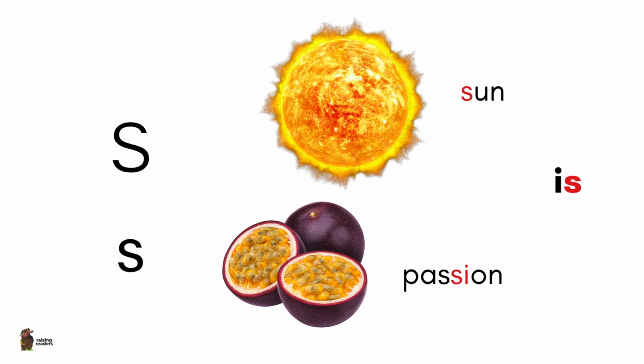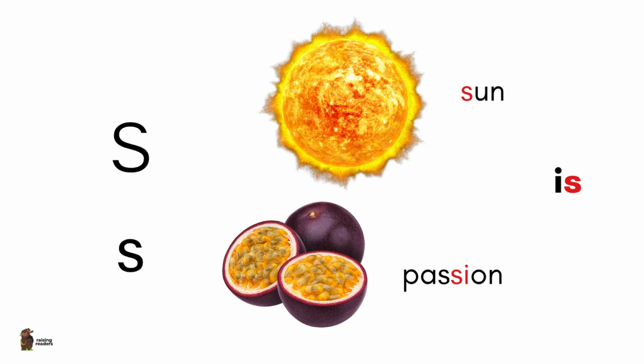But the S also makes two other sounds, and I think it's kind of cool. So you see how in the word passion, this is the fruit, passion fruit, and it's delicious. And this is how you write it. And you see how it has the S's. So we don't say passion with an S sound, we say passion.